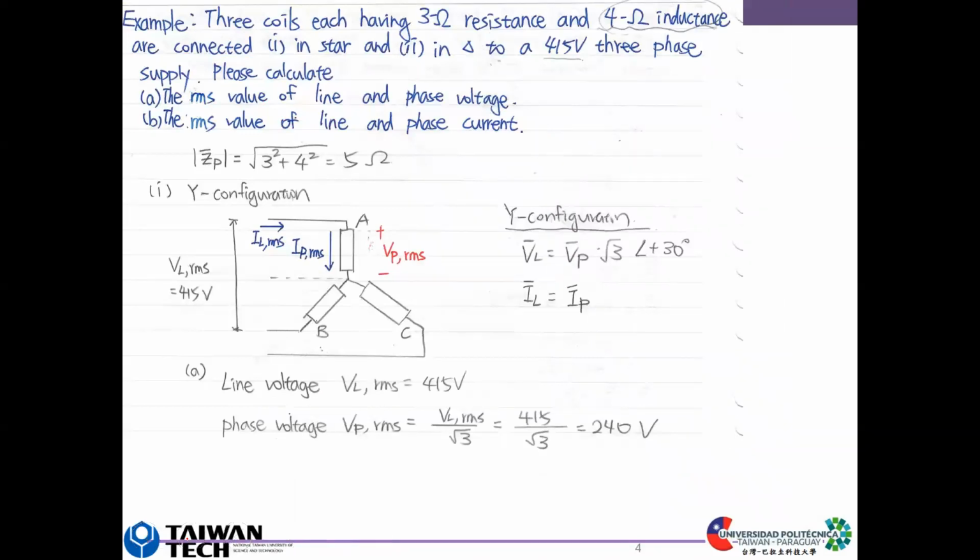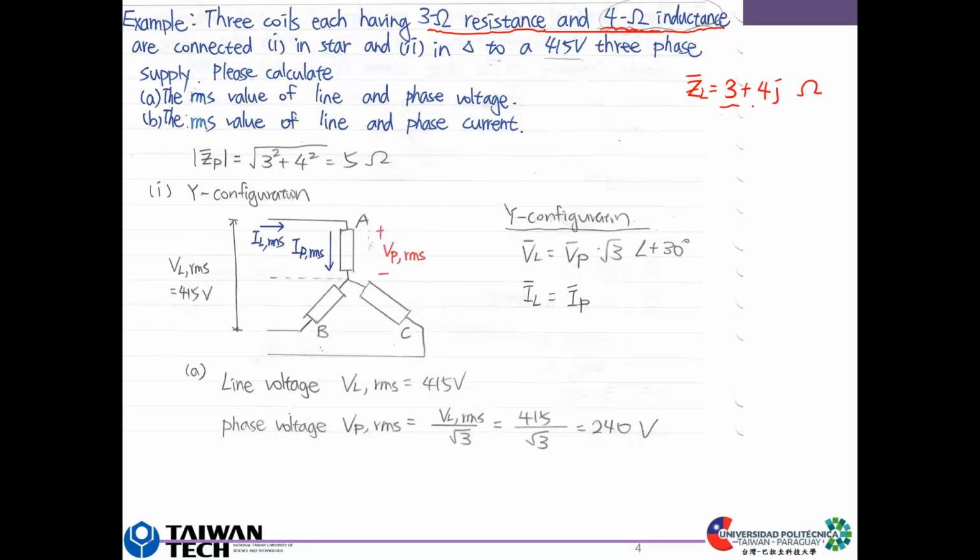So the next problem is a similar one, and it compares what we call the Y configuration, or star configuration, and delta configuration. Suppose there's a 3 ohm resistance and a 4 ohm inductance. So it means its load ZL is 3 plus 4j ohm.